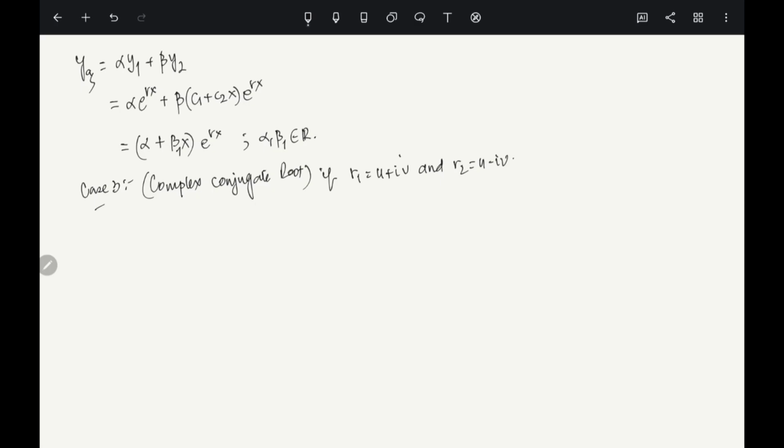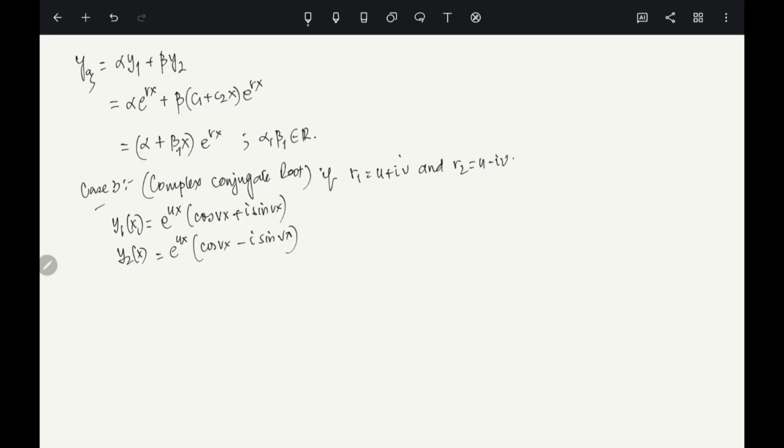In this case you are going to get two solutions. y1 of x will look like e power r1 x, so e power ux times e power ivx, which is cosine vx plus i sin vx. And y2 of x will be the exact same thing with the minus sign: e power ux times (cosine vx minus i sin vx).